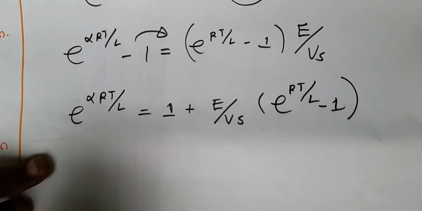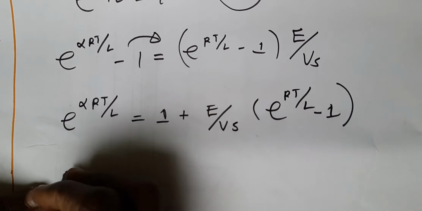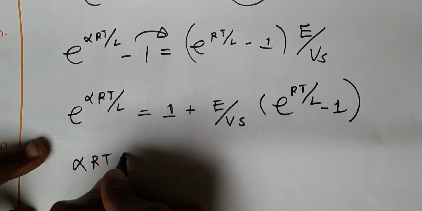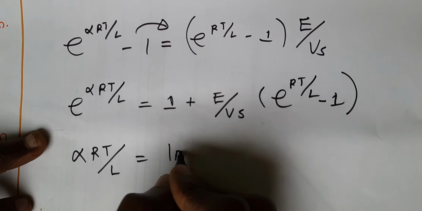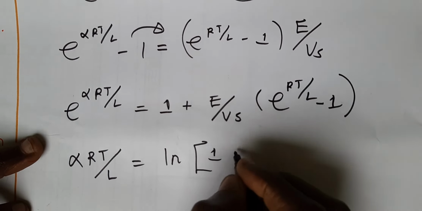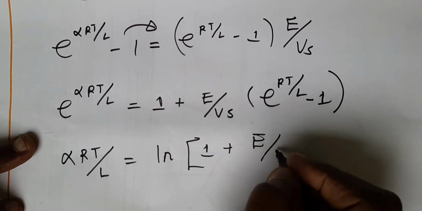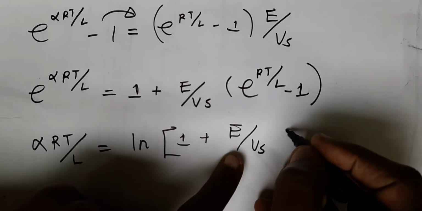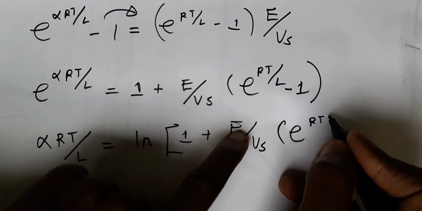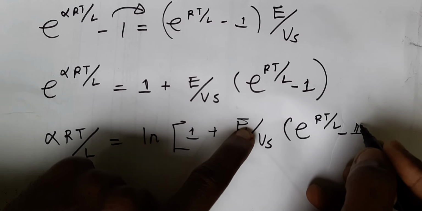So then taking the natural logarithm ln of both sides, you're going to have alpha RT over L is equal to ln of 1 plus E over Vs into exponential RT over L minus 1.